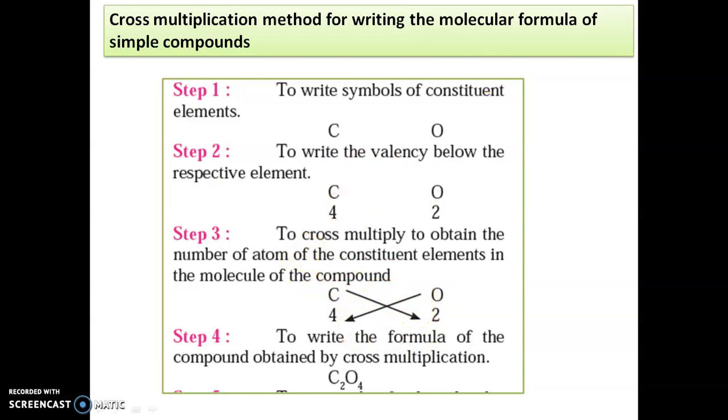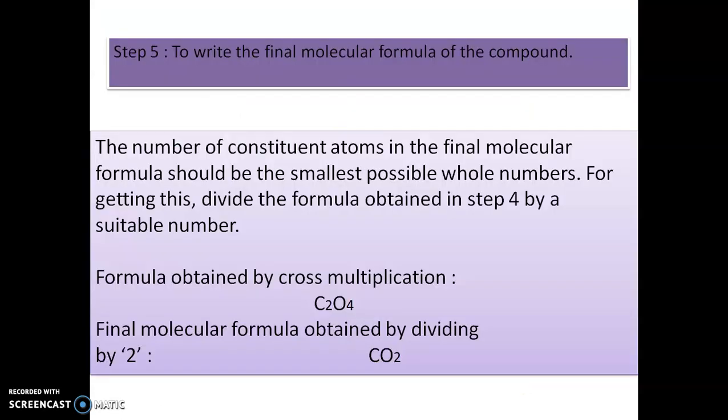That means what you can say from this, what is the number of carbon? The number of carbon is 2. And what is the number of oxygen? The number of oxygen is 4. So we can get the constituent elements and their numbers. And then finally we write the final molecular formula. Now what is the formula we got in the previous step?